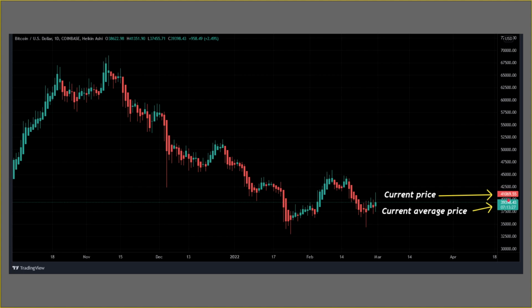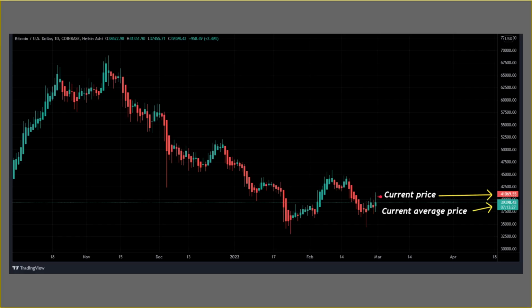Looking on the right side, typically we would only see one box showing the current price. Because Heikin Ashi is based on averages, we see two boxes here. We see the current average price of $39,398, indicated right here, whereas the actual current price was $41,069 at that specific time.